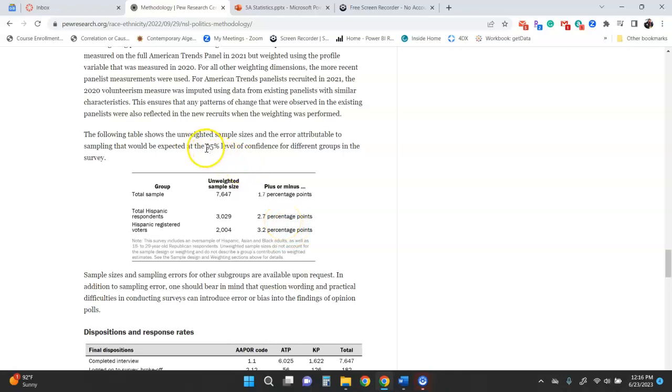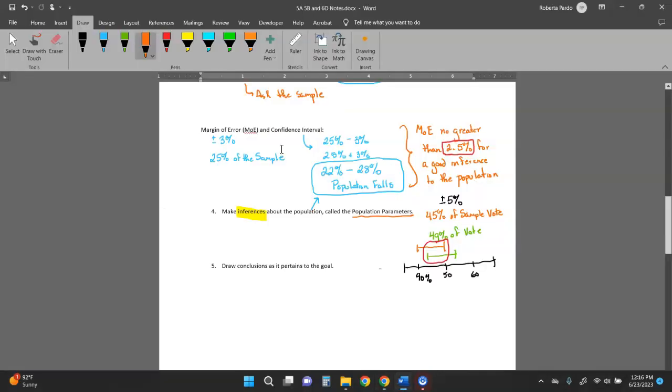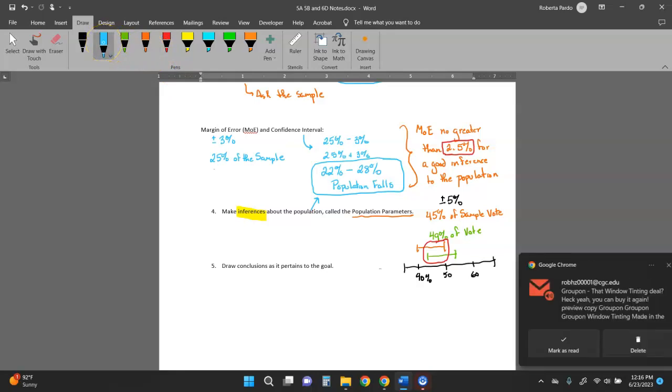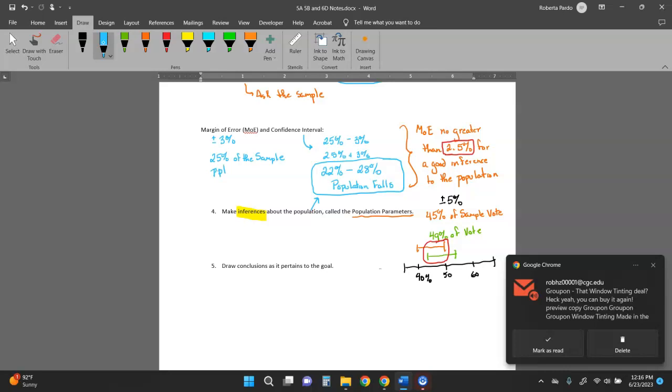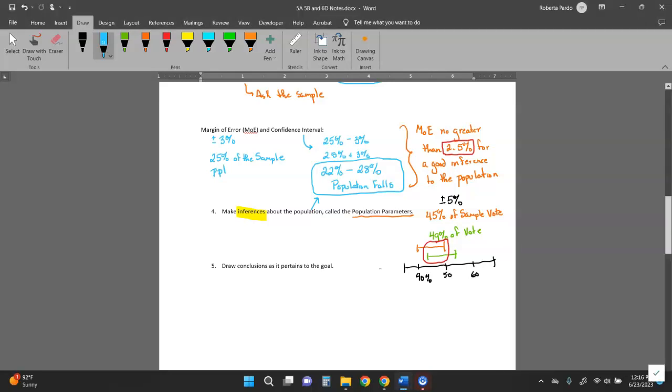The other thing you want to take note of is that all of our inferences are going to be at a 95% confidence level. That means, so let's go back to our situation here. Let's say that 25% of people indicated they want a 4-day work week.